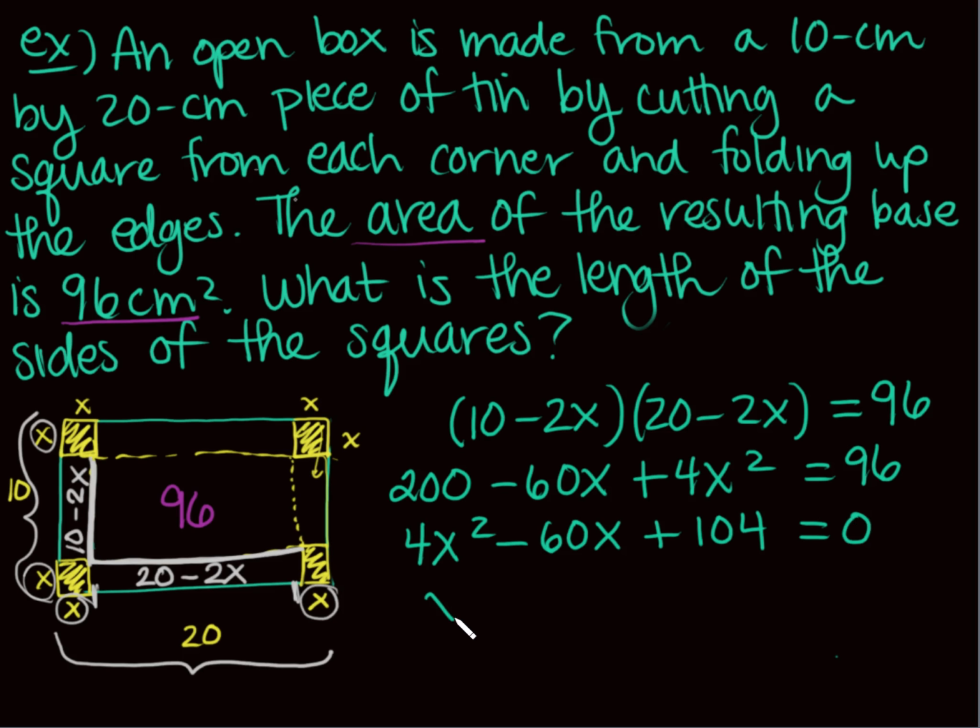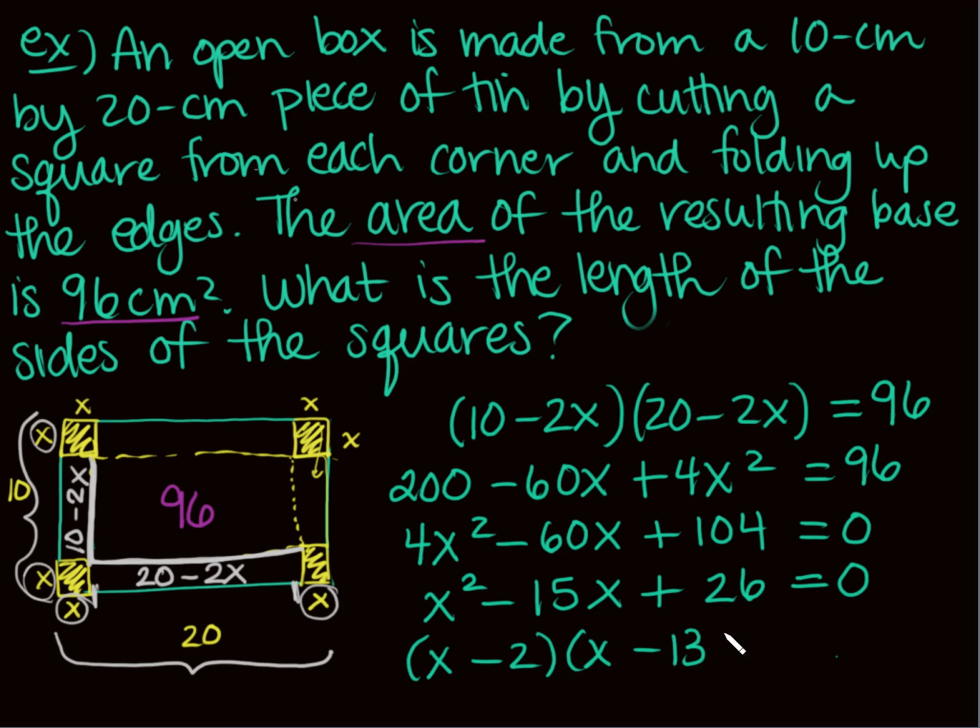Everything's divisible by 4, so let's divide by 4. x squared minus 15x plus 26 equals 0. This one's actually pretty nice: x minus 2 times x minus 13.